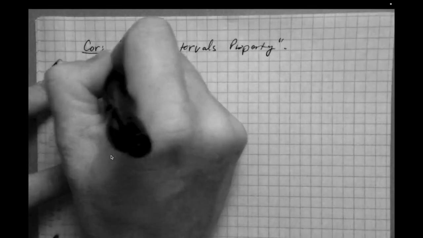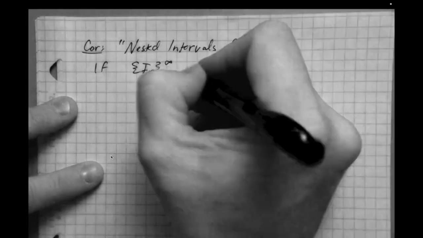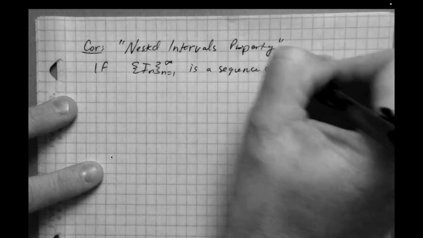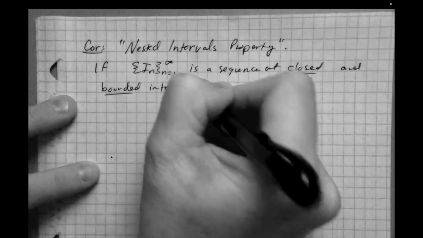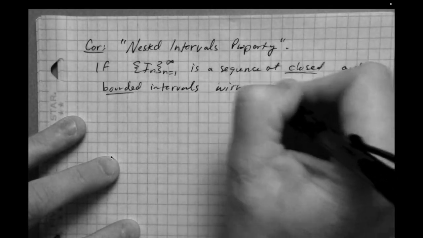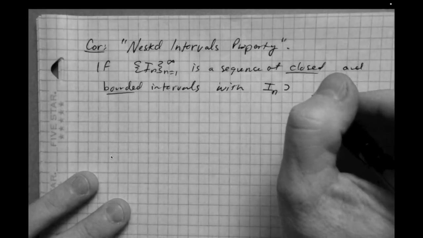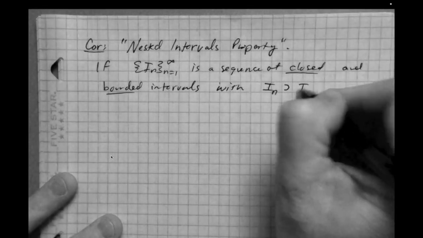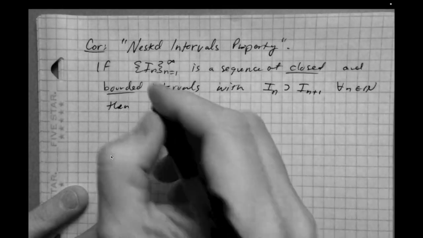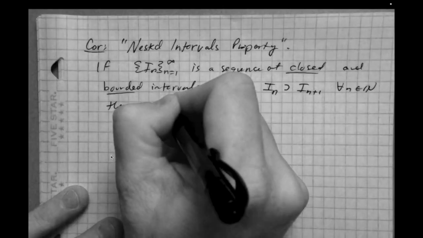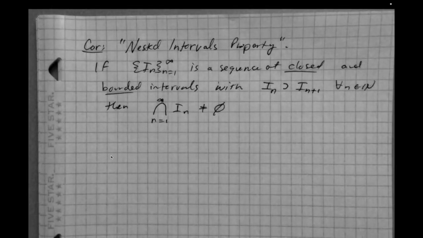Here's what it says. If I sub n is a sequence of closed and bounded intervals, with I sub n, the nth interval, having as a subset the n plus 1 interval, and this is true for all n, then the intersection of these intervals is non-empty.